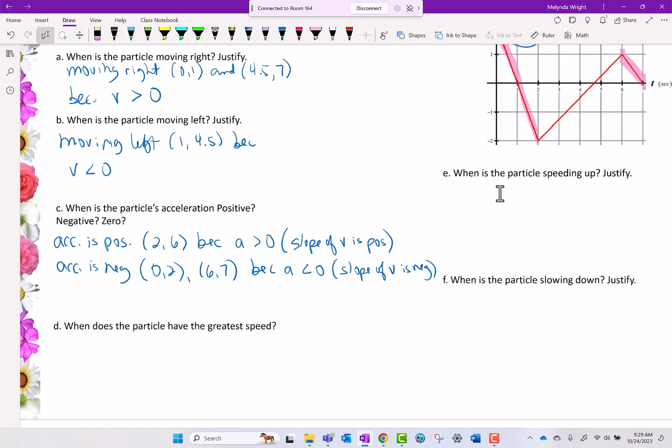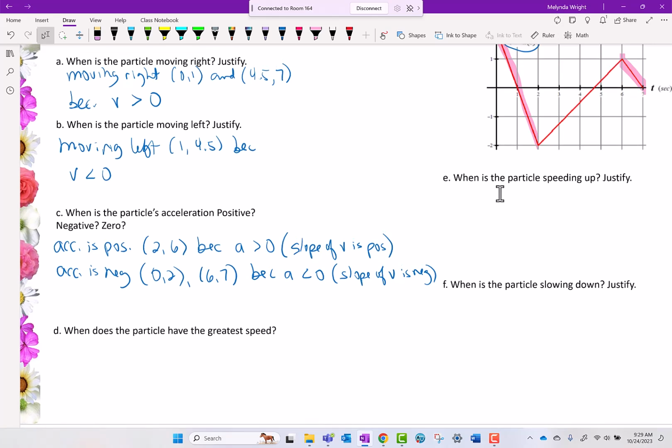Acceleration being 0. What do you think? When would acceleration be 0? Yeah, there's nothing going on at the corners, right? That's not positive or negative.